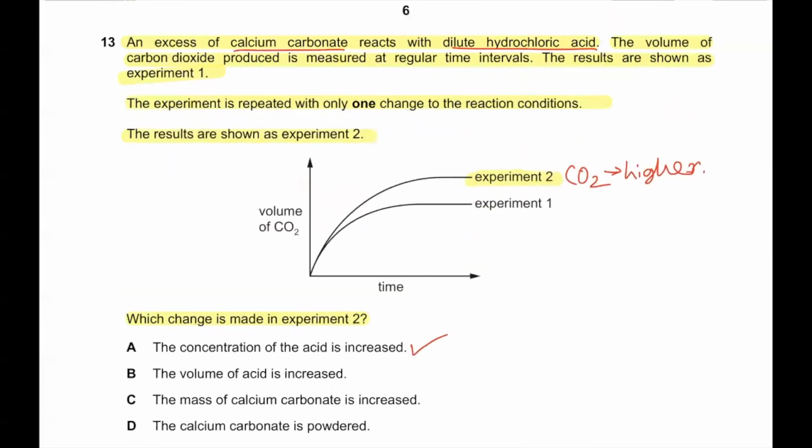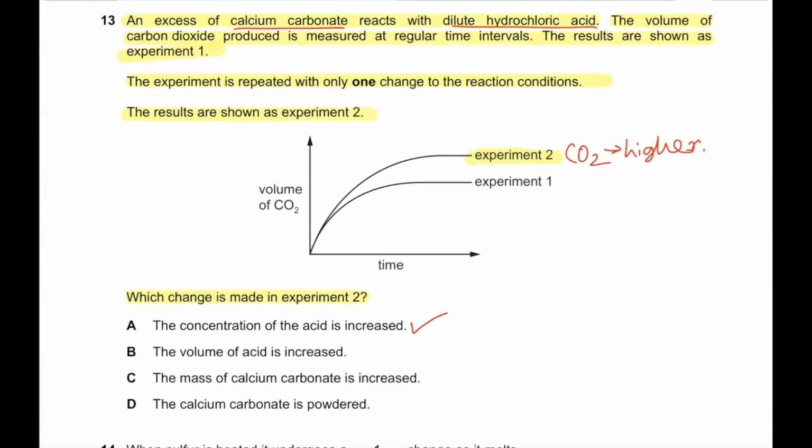Now let's read the question. The experiment is repeated with only one change to the reaction condition. So with one change, the concentration of the acid is increased.